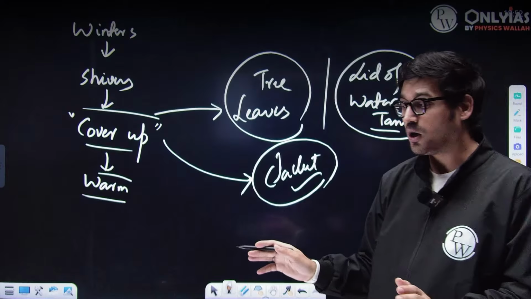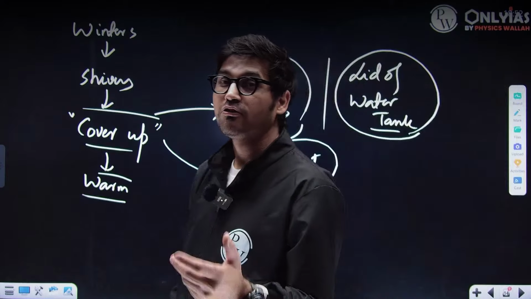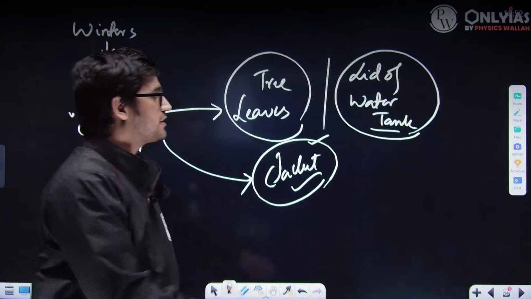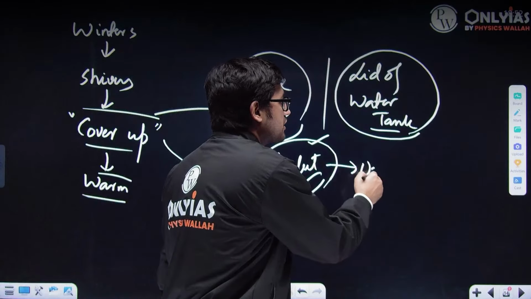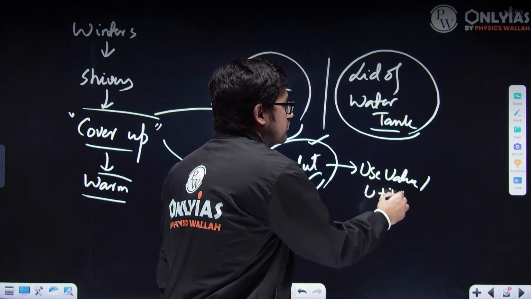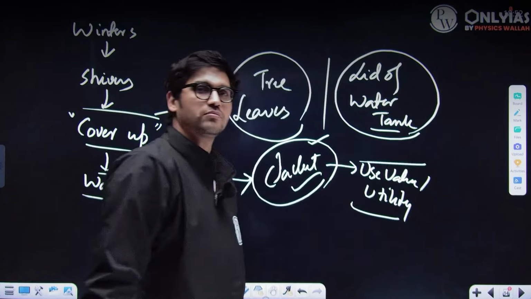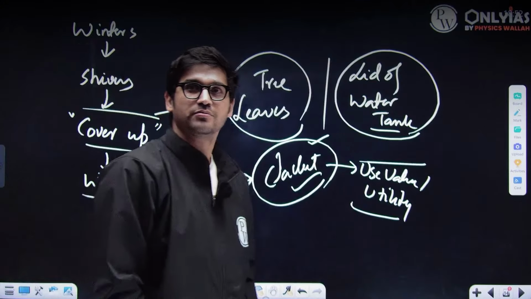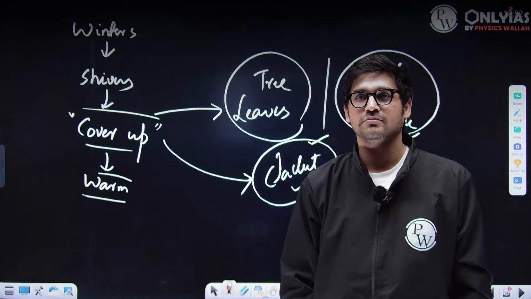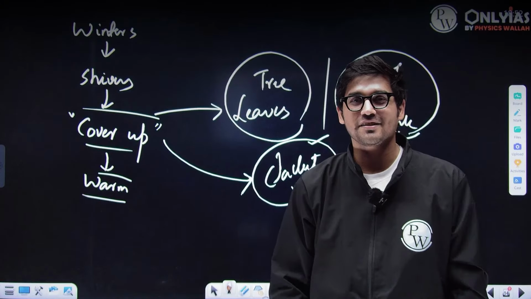I am sure that all of you would want to wear a jacket. Can I say that this jacket holds a certain use value or holds a certain utility for you? Can I say this? Of course I can say this.